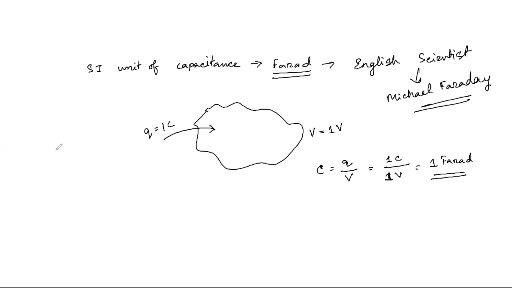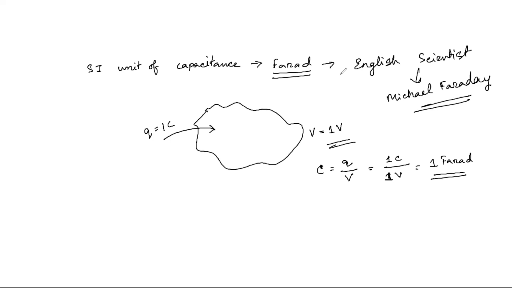So if you are asked to define 1 farad, a conductor can have a capacitance of 1 farad if a charge of 1 coulomb is used to raise its potential by 1 volt. This is how we define a capacitance of 1 farad.